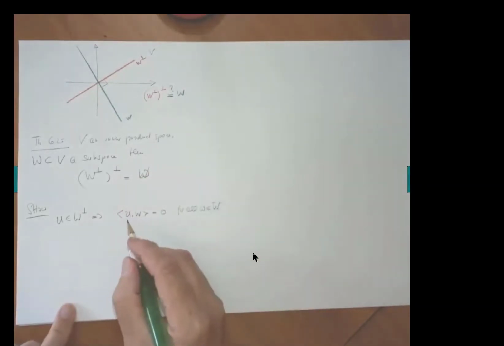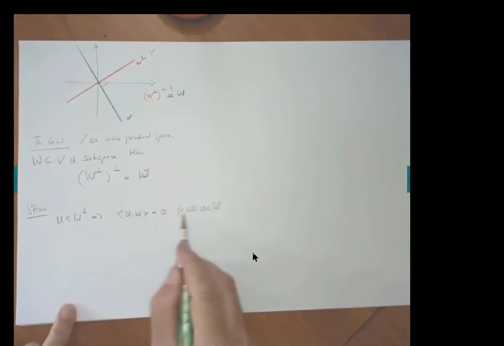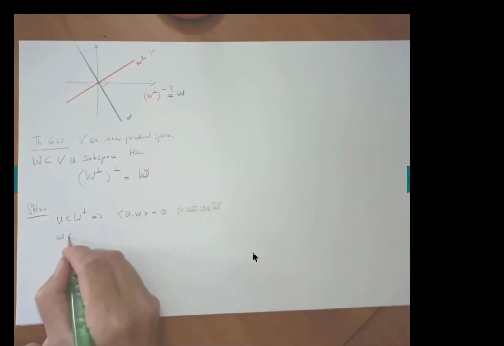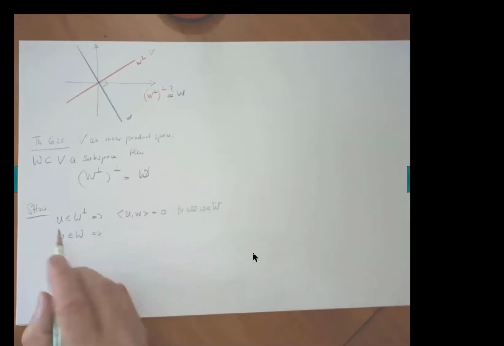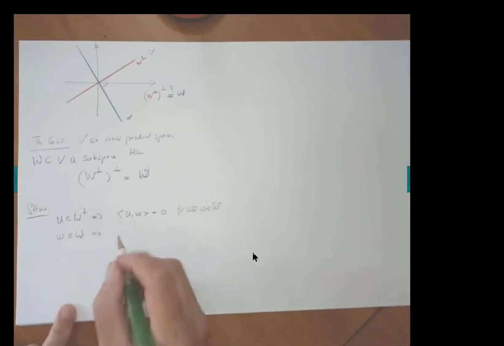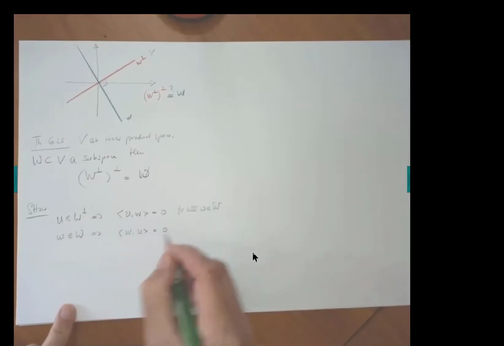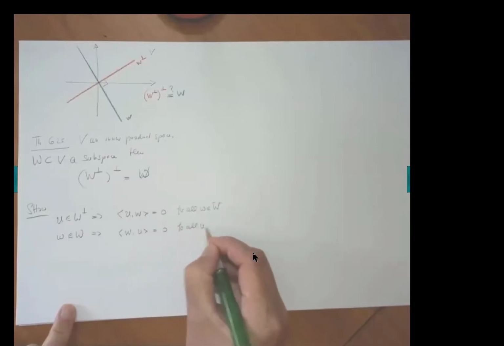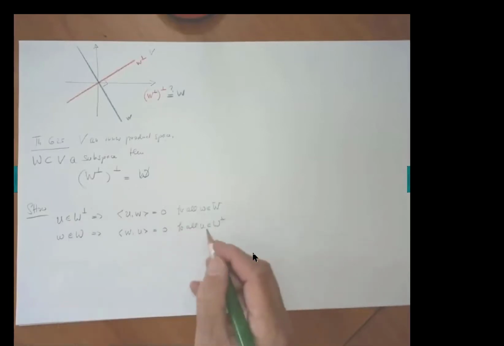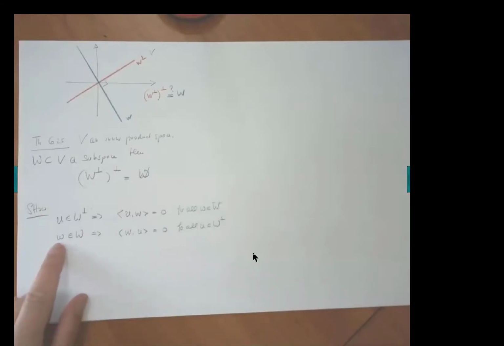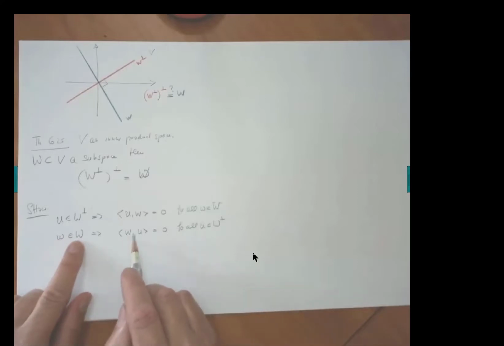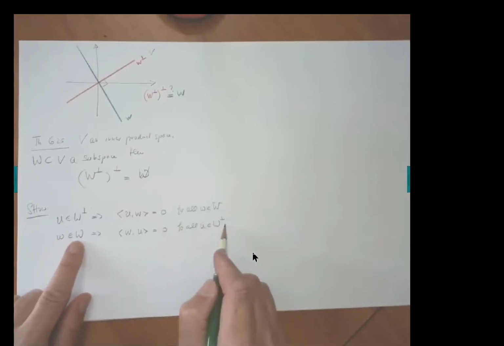And now this means for all w in W, for all U in W complement, because that's the only way an element can get into W complement, it has to be 0. And now we think, what does this actually mean? It means every w in W is orthogonal to every element in W complement.